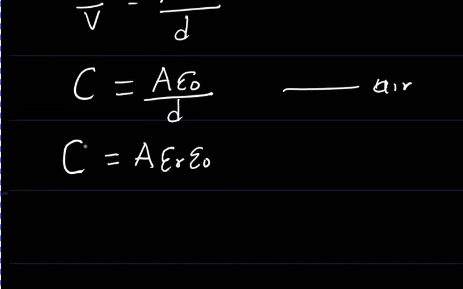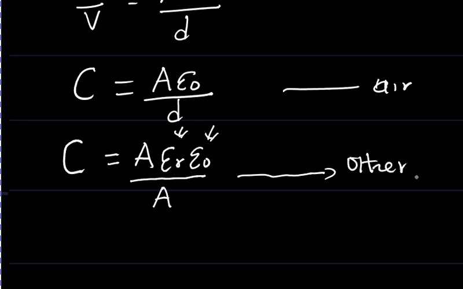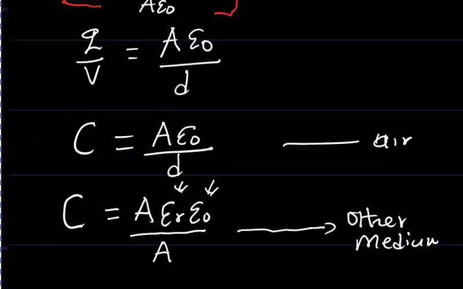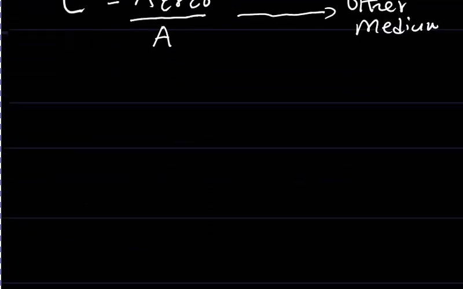Don't forget, for a medium other than air, you must multiply by the relative permittivity of the medium, then times the constant absolute permittivity. So this is for other mediums. Please take note of that. That is how we measure the capacitance of a capacitor. Let's look at a typical example.